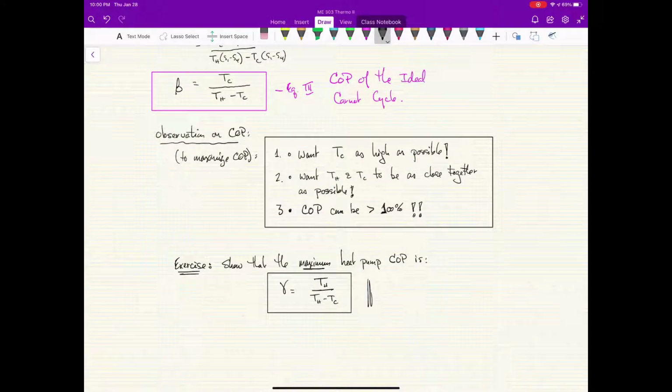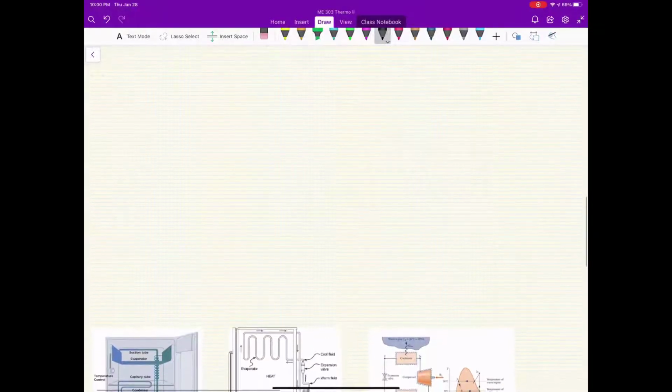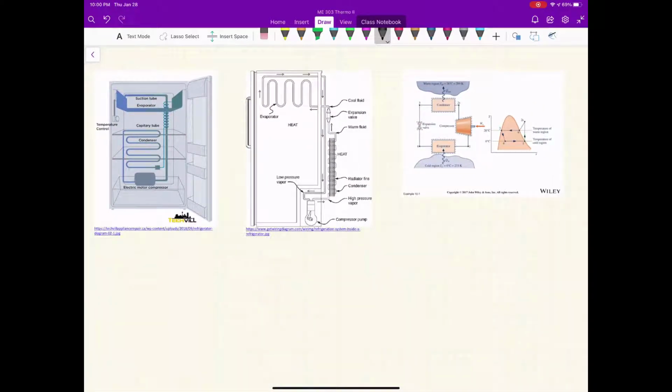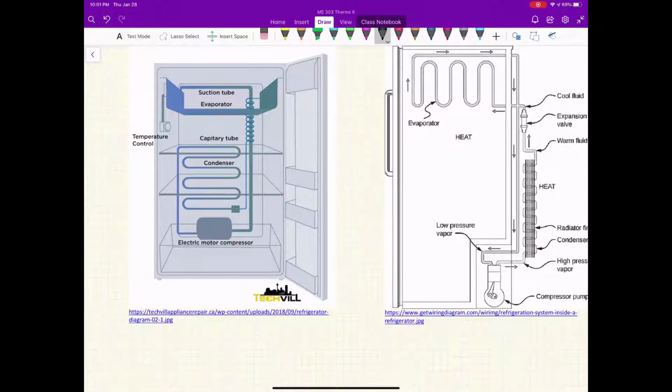Now, how do these cycles differ from the real refrigerator? And here I've got some pictures of a real refrigerator to try and highlight this for you a little bit. Particularly this one right here, because I think it highlights the true components most faithfully.